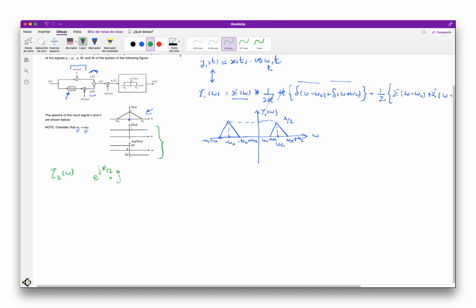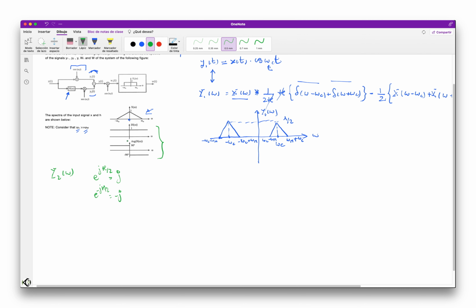So basically it shifts the phases of the input signal: for negative frequency, it shifts 90 degrees in the positive sense, and when the frequencies are positive, it shifts by minus 90 degrees, which corresponds to a minus j term.